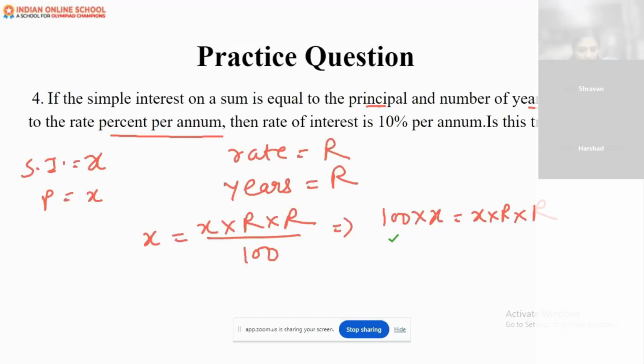What is your answer, Harshad? So it's true. Great. Okay, let's see whether it is true or not. Anyone else? Ma'am, it's true. Great.